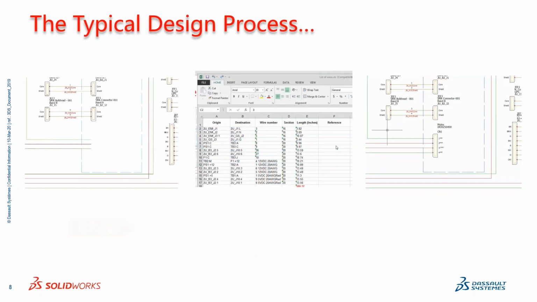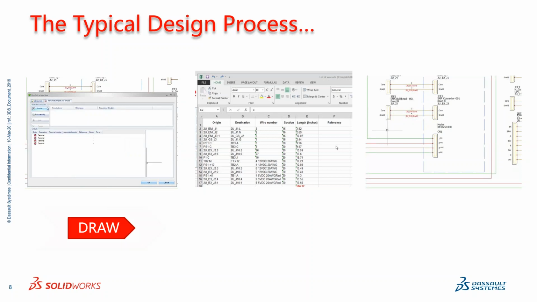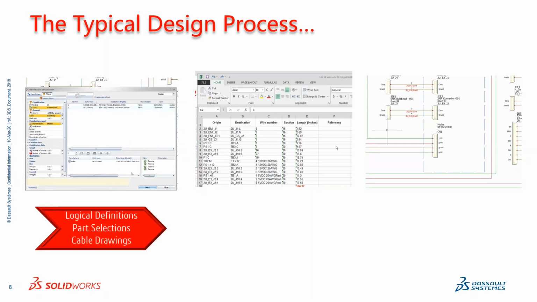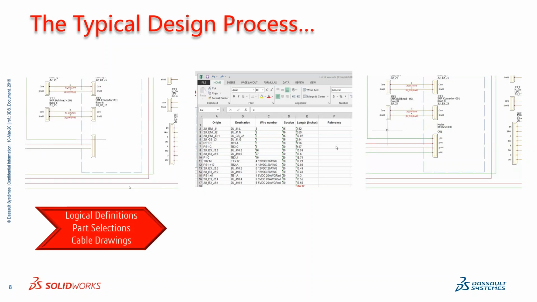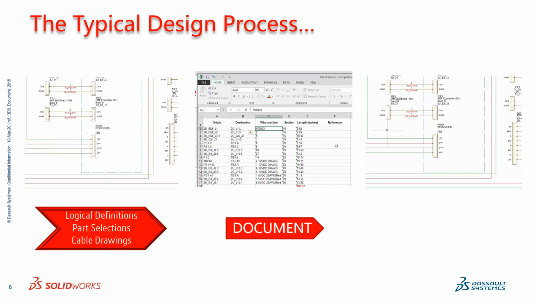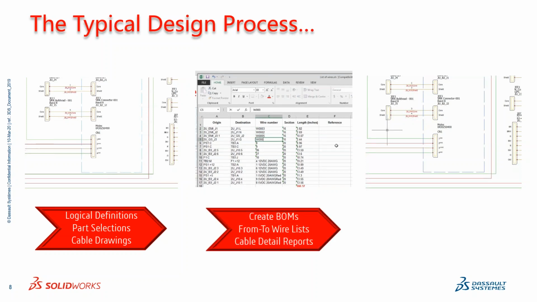So the typical design process that we see, not just with electrical design, but with P&ID and with hydraulic and pneumatic schematics, is people are just using boxes, drawing lines, adding text boxes to figure out what that box is for. And then after the fact, they're going in and documenting everything, using tools such as Excel outside of their main schematic capture tool.